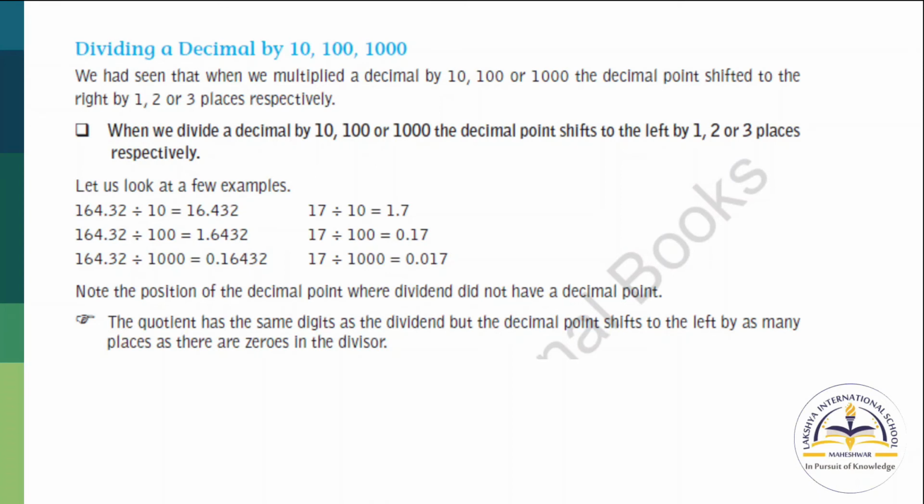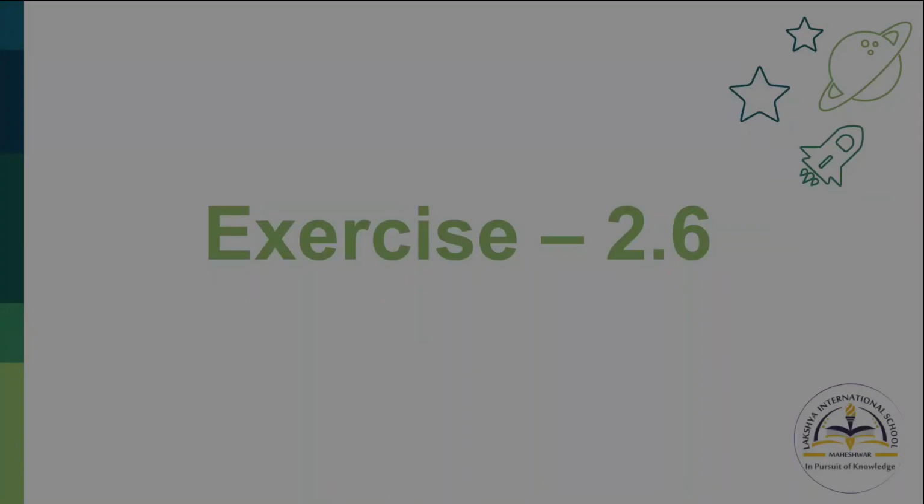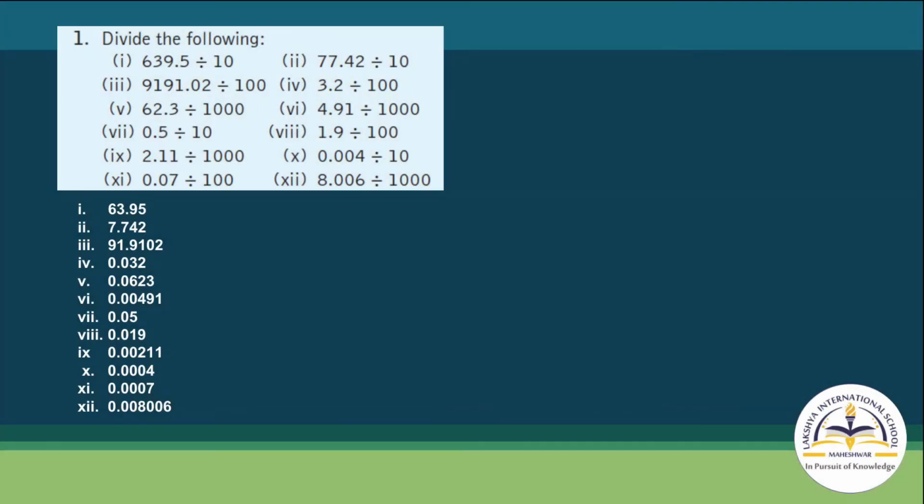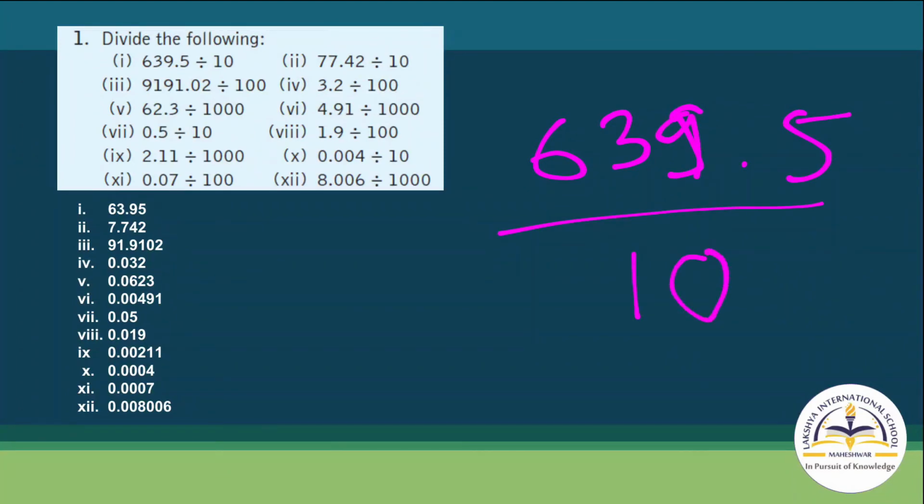Now our next topic is dividing a decimal by 10, 100 and 1000. On the basis of this topic we will solve exercise number 2.6. Now our first question is 639.5 divided by 10. Okay, so when you divide 639.5 by 10, you move the decimal point, as 10 has one zero.